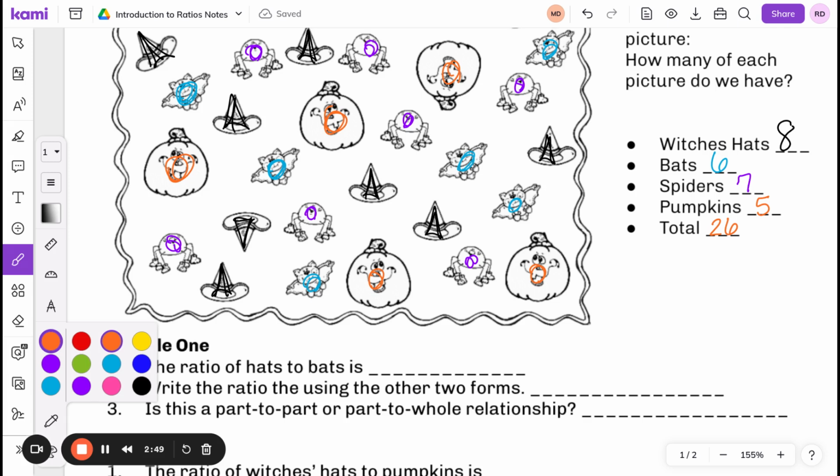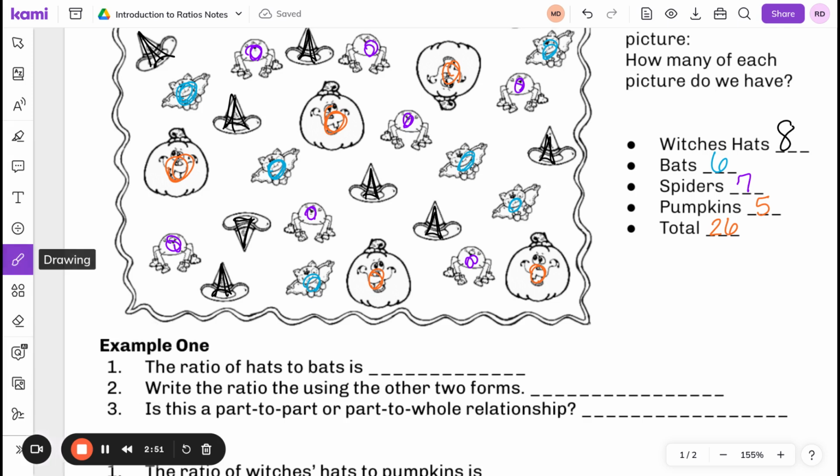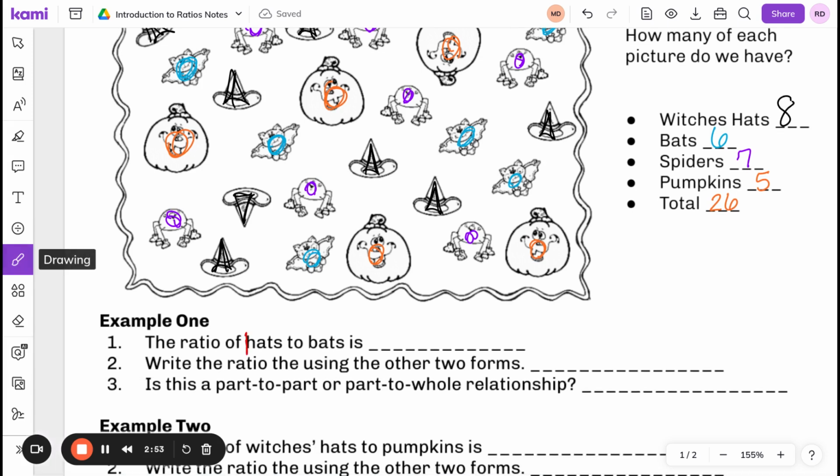So in example 1, we are comparing hats and bats. Okay, so in our picture, I counted 8 hats and I counted 6 bats. And then it says to write the ratio using the other two forms. So I start as a fraction.